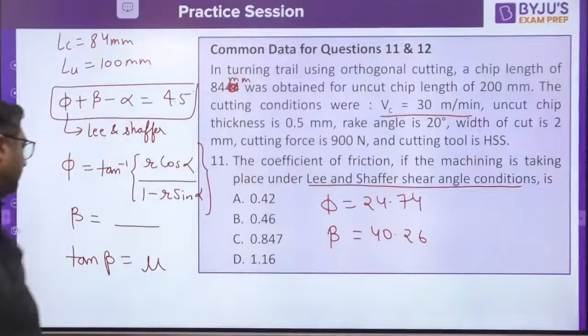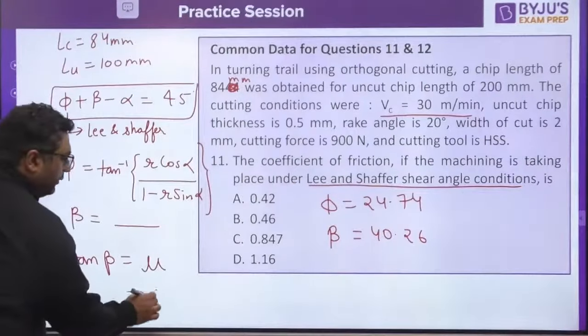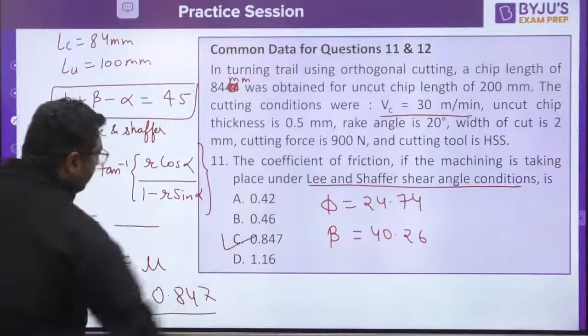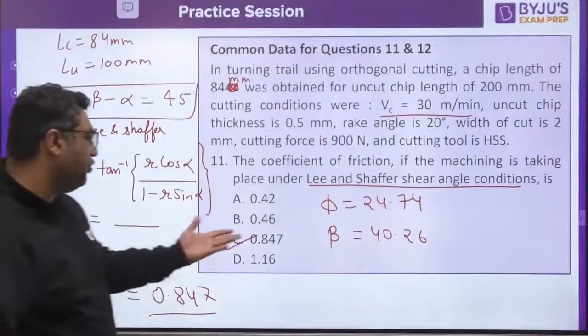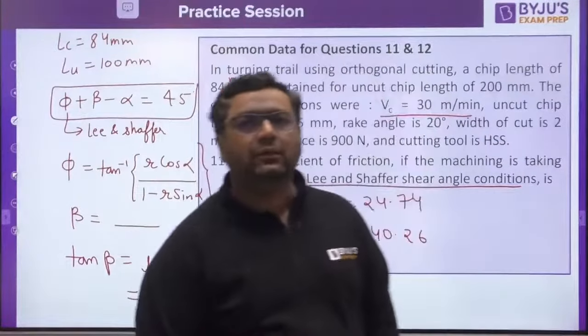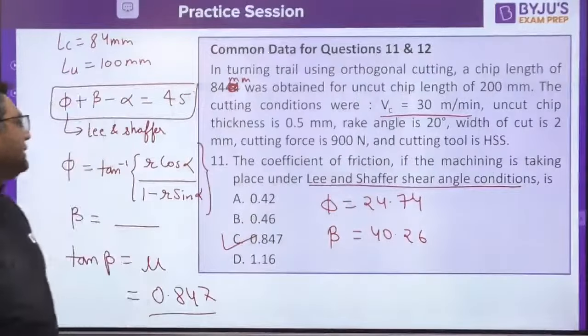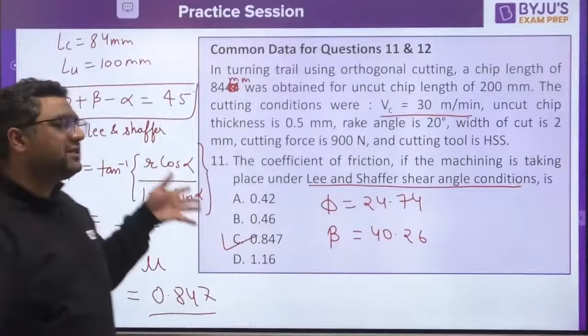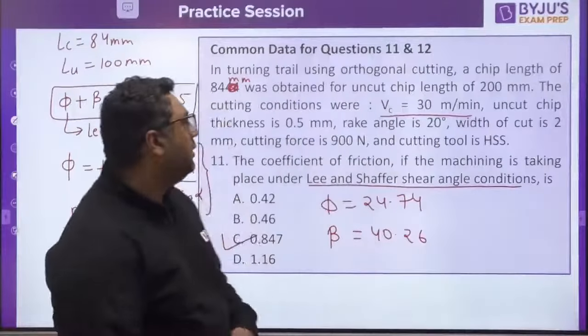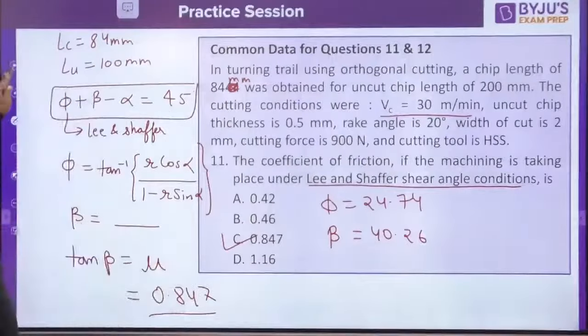Putting this value here, you will get the mu value to be 0.847, because you know tan 45 is 1. Very good. Rohan, Saikat, very good. So guys, this was question 11. As this is a common data question, nowadays common data questions are not coming in the paper, but still we can solve it as a question.